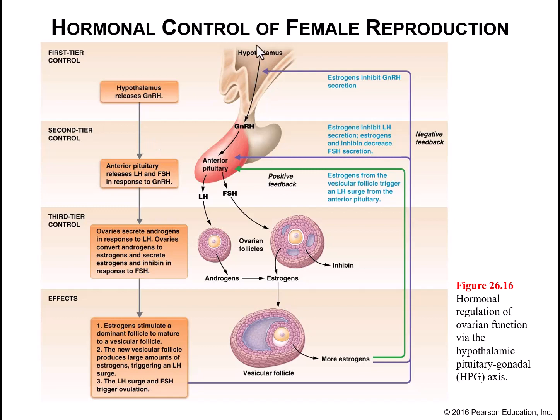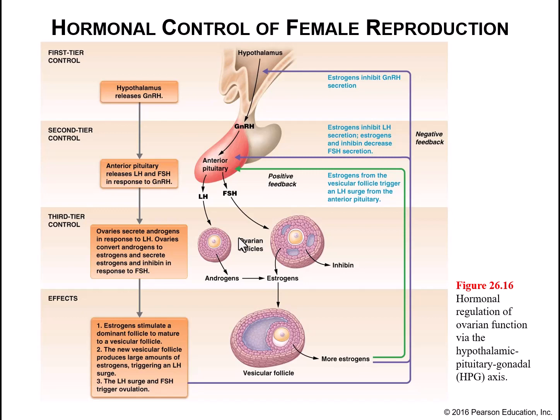Our hypothalamus makes gonadotropin releasing hormone. The gonadotropin releasing hormone stimulates the anterior pituitary to make luteinizing hormone and follicle stimulating hormone. The LH and FSH act on the follicles in the ovary.